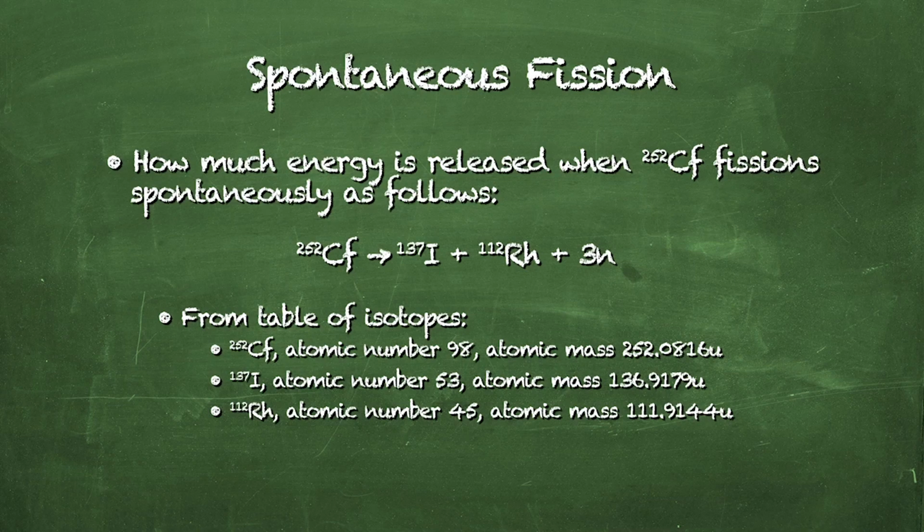Iodine-137 has an atomic number of 53 and an atomic mass of 136.9179 atomic mass units. And rhenium-112 has an atomic number of 45 and an atomic mass of 111.9144 atomic mass units. So how much energy is released when this spontaneous fission process occurs?